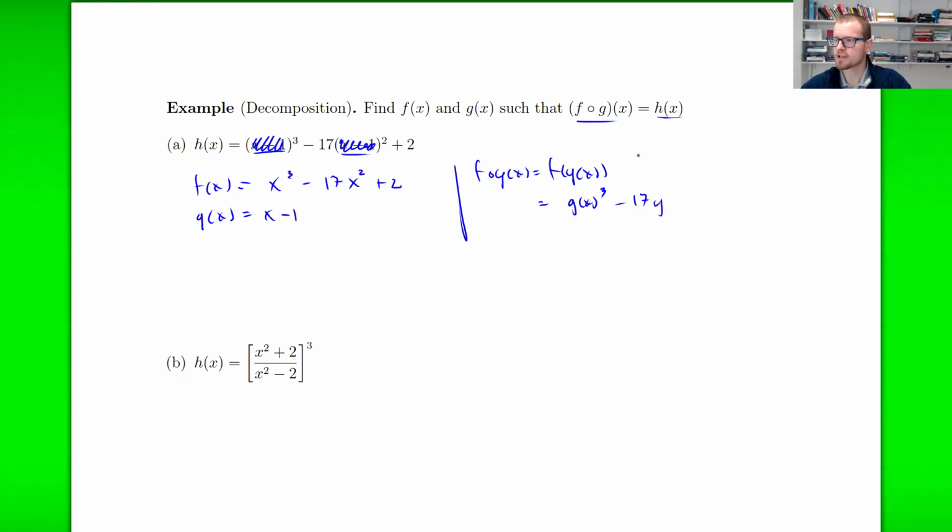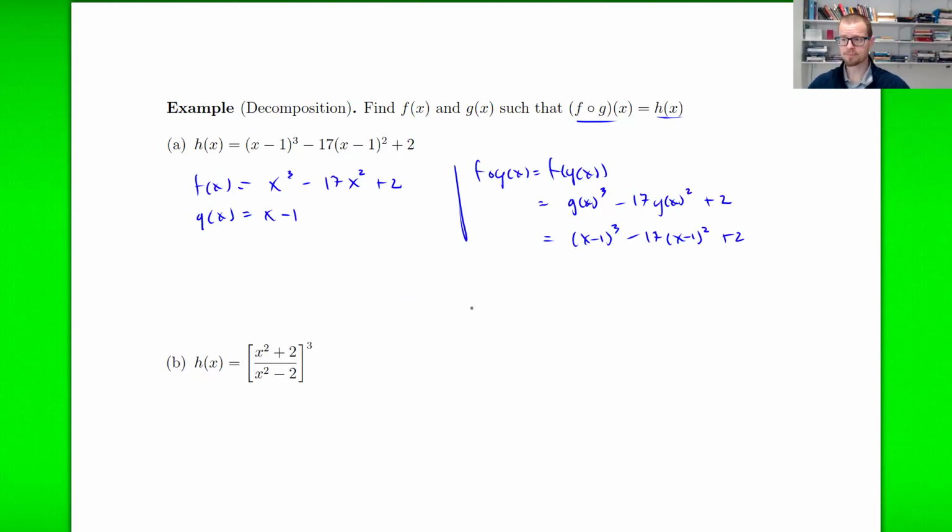Oh, that's supposed to be squared there. And what is g of x? Well, g of x is x minus 1. So (x minus 1) cubed minus 17 times (x minus 1) squared plus 2. So this function composition gives us back exactly the thing that we started with.